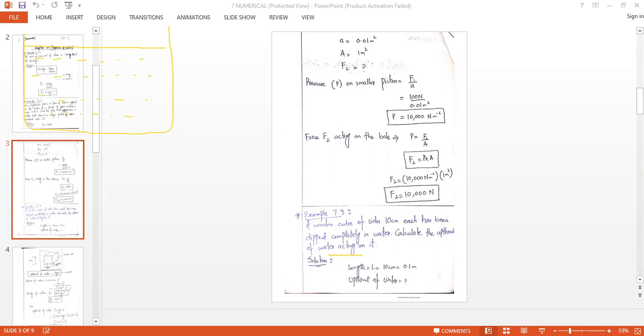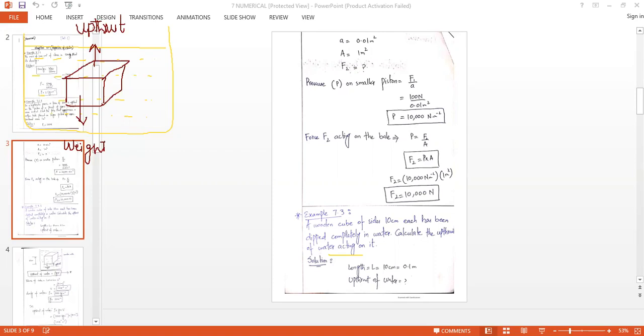Now the wooden block, this is the wooden block. Now what it carries, that is its weight, W, and at the upward, that is the upthrust force.